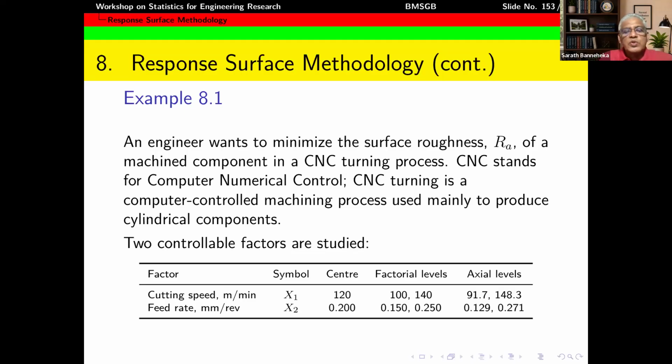So here, two controllable factors or two controllable variables are studied. They are cutting speed, in short, we say speed. The other one is feed rate, in short, we say feed.